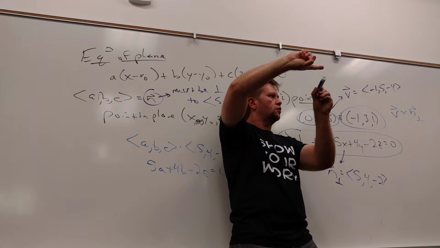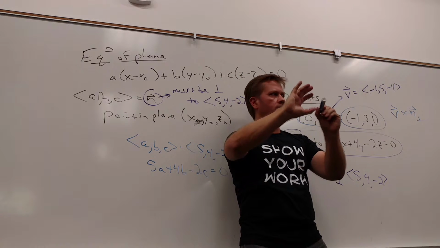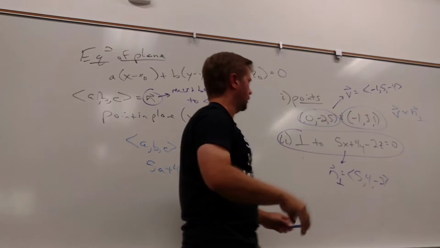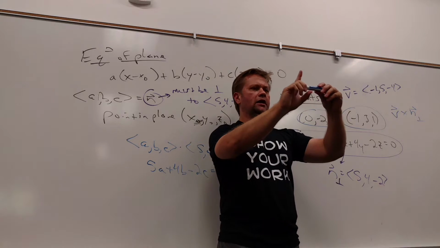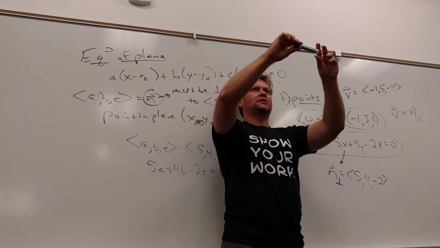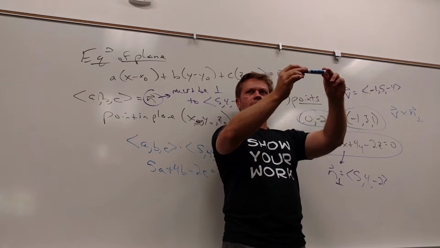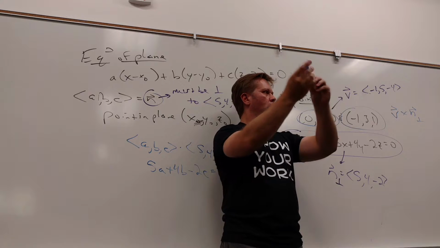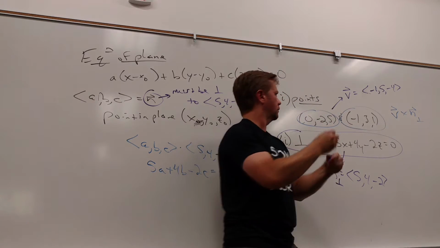This would be what's called skew, where they don't intersect, but they don't maintain the distance between them. That's what skew is. So if I do this, what will I end up with? I've got a normal vector that is parallel to, or at least skew with, that vector. What would that end up being if I did this?